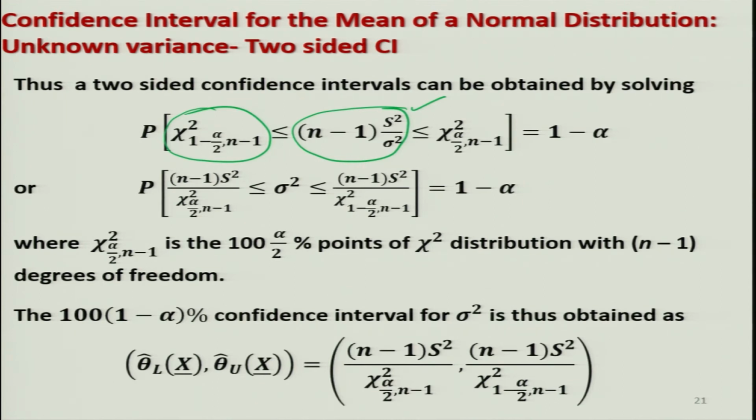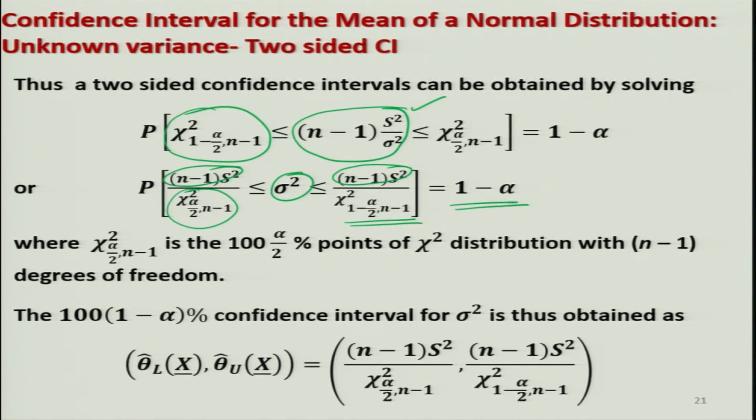Now you can simply solve it, and sigma square will lie between n minus 1 S square divided by chi-square alpha by 2 with n minus 1 degrees of freedom, and n minus 1 S square divided by chi-square 1 minus alpha by 2 with n minus 1 degrees of freedom, and the probability of this event is exactly 1 minus alpha.